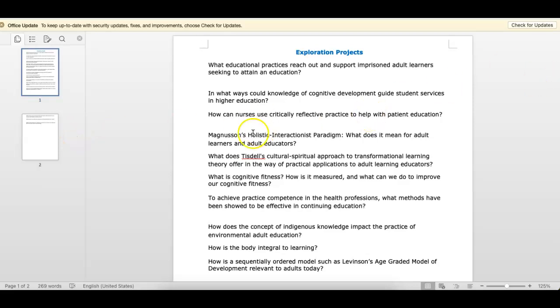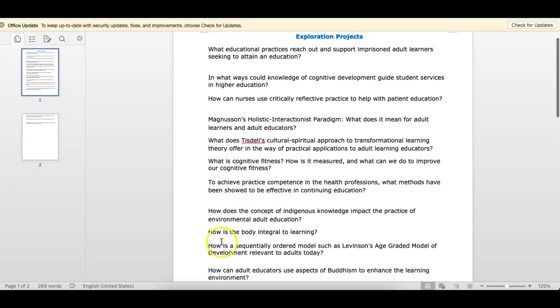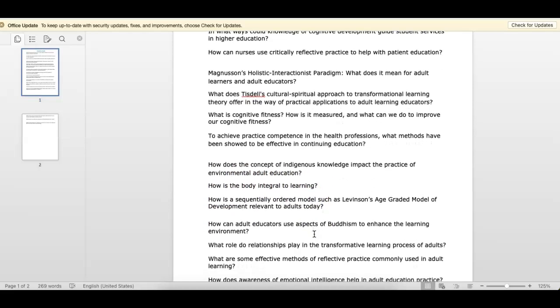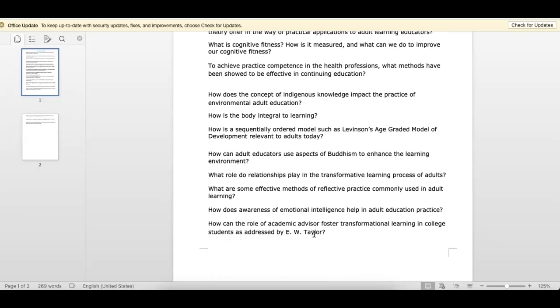So just to highlight a couple, how can nurses use critically reflective practice to help with patient education? How is the body integral to learning? And we get into some of these topics later on in the course. So if you're unsure what it is that's due next week, this is just it.